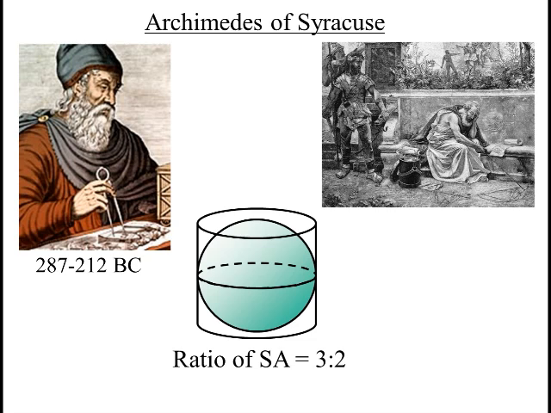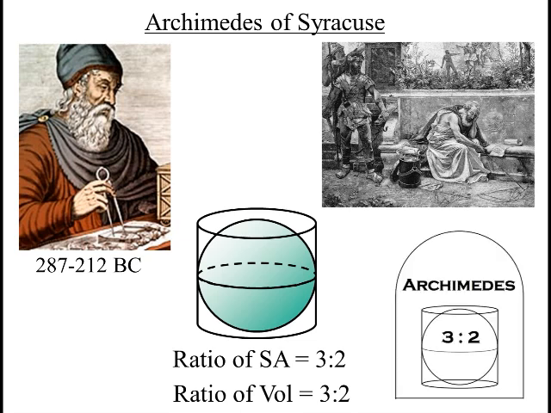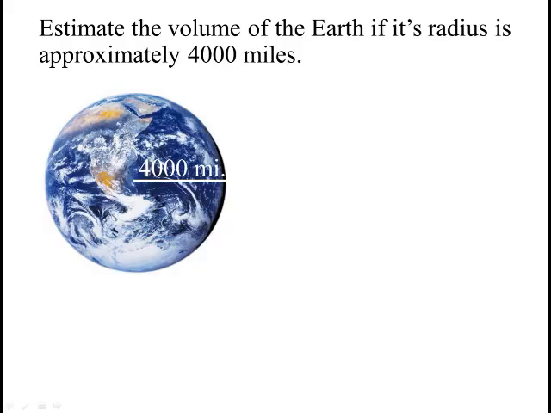Not only is the ratio of the surface area 3:2, but the ratio of the volume is also 3:2. So that's kind of a related fact to the cone thing I was showing you earlier. In fact, he thought it was so great that he wanted it etched into his tombstone.